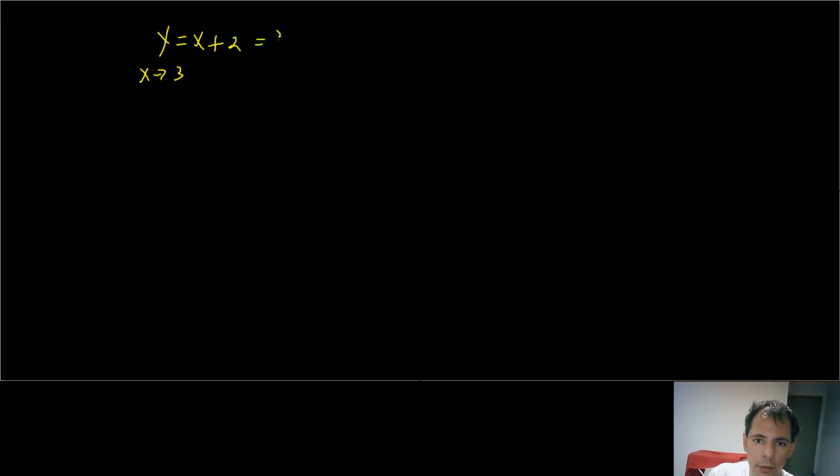It's going to be 3 plus 2 equals 5. So for this function f of x, as x approaches 3, the limit is going to be equal to 5, and it's as simple as that. Finding limits.